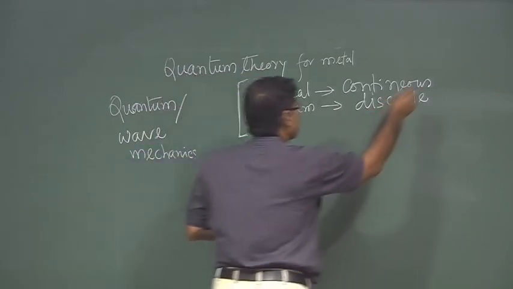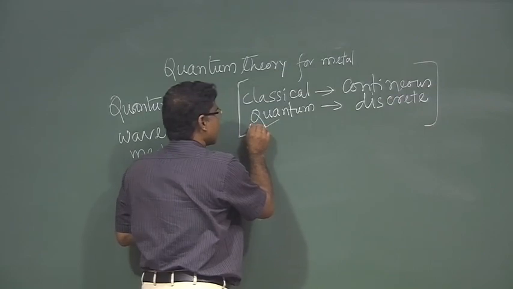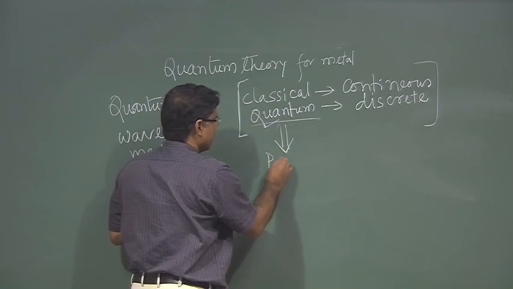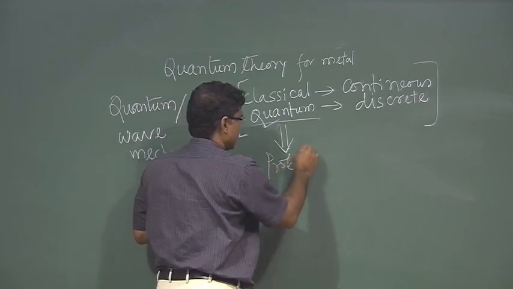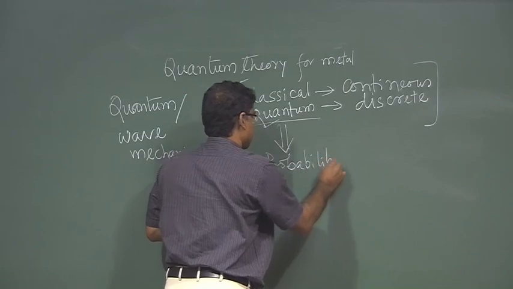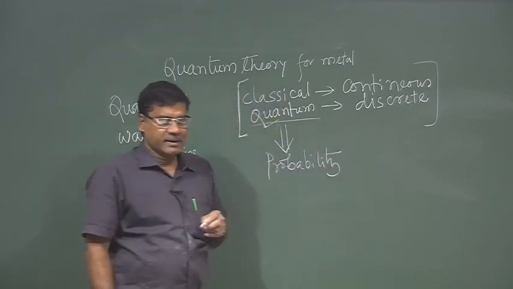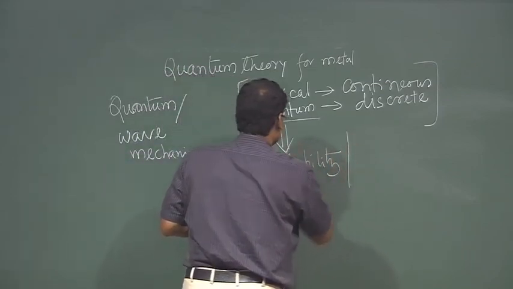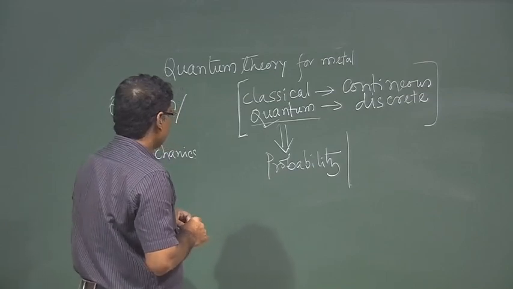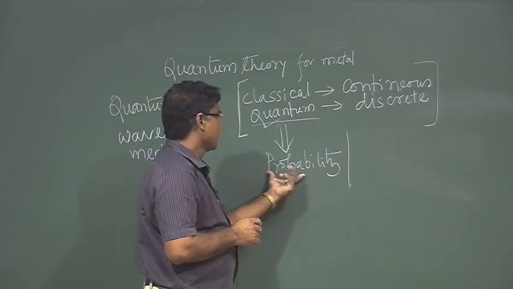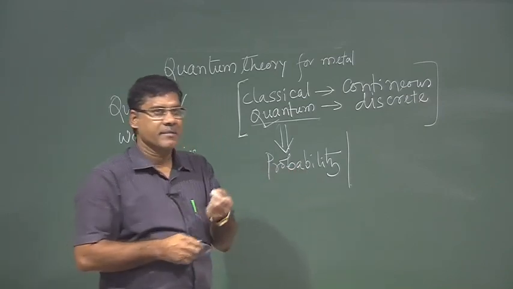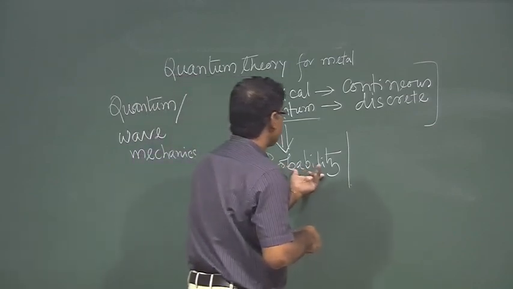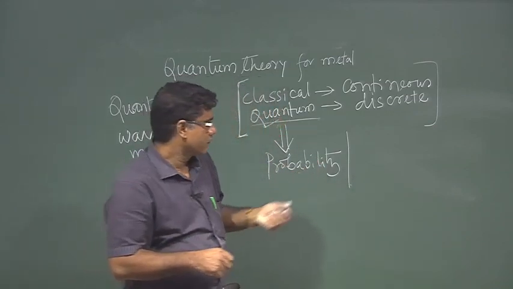So, these are the things, right, and quantum mechanics basically deals with probability, that one has to find the probability of a particle being at this position, or having the momentum of some value.